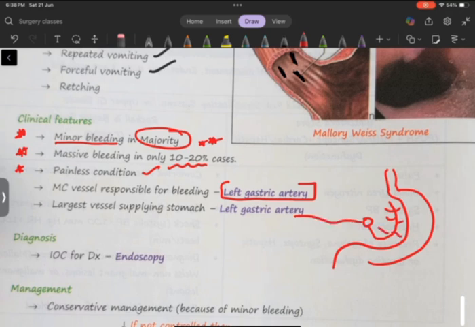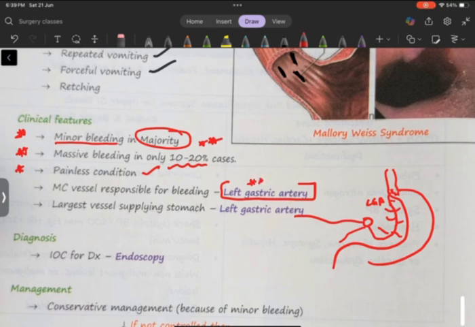Another is the common hepatic artery, which divides into the right gastric and the gastroduodenal artery. The left gastric artery runs along the lesser curvature of the stomach, and since the Mallory-Weiss tear is happening here in the cardia region, the vessel supplying it is the left gastric artery, hence it is the most common.